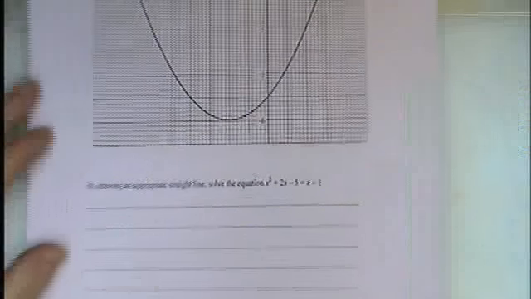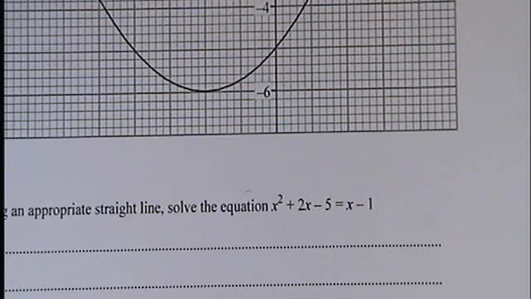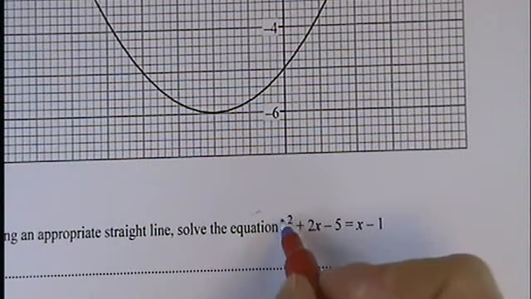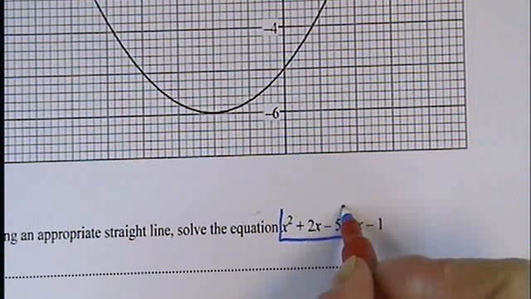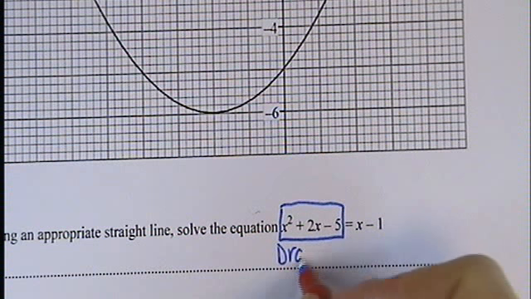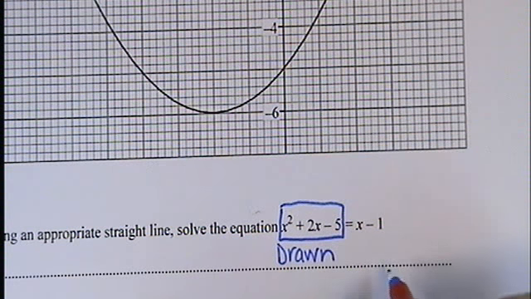I'll zoom back in so we can see what we've got. So first thing we need to have a look at is, what do we already have in terms of the quadratic drawn, and what else do we still need to draw? So this is the quadratic which is already drawn. We already know this. It's already on our graph. So I need to draw this line here.